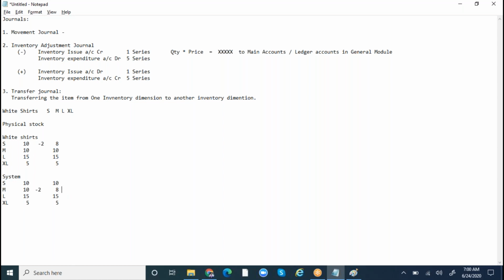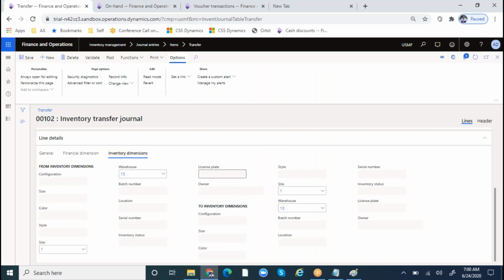Now I need to adjust plus 2 here and minus 2 here, so that it will match the physical stock in my warehouse. This can be done here. You can decrease from one size to another size. Got my point?